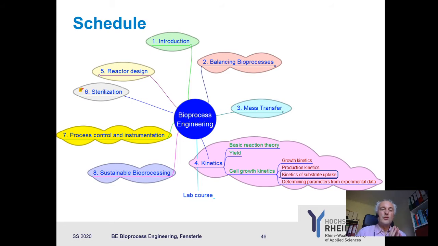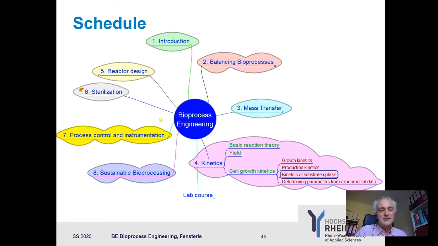Again, for the production kinetics, the important thing to think of is always, is it associated with energy formation, yes or no? In other words, is it a fermentation product, yes or no? As soon as it's a fermentation product, you know I can couple the specific growth rate with the specific product formation rate. And this is very important. Keep that in mind.